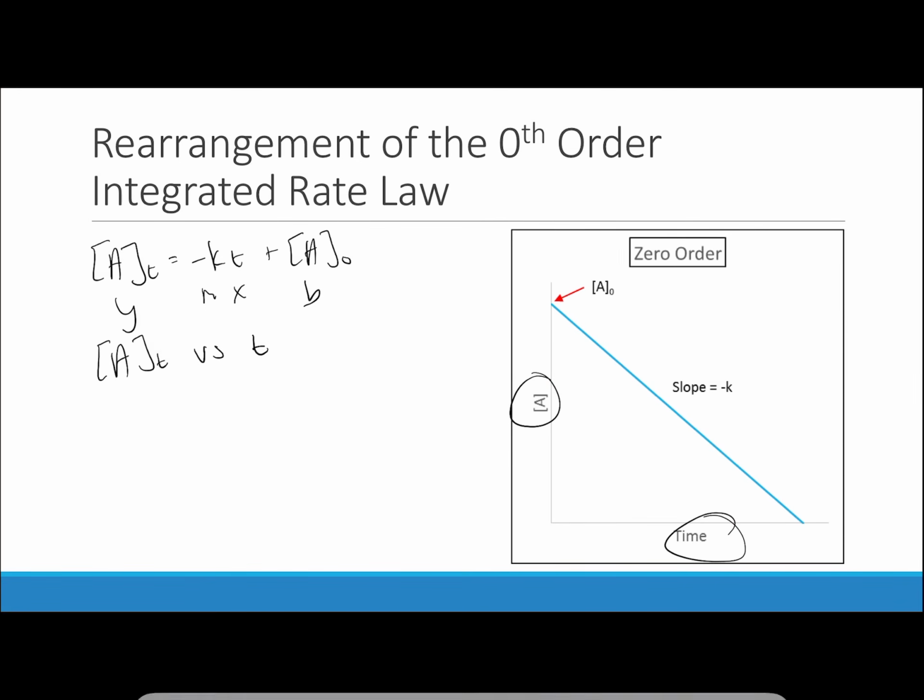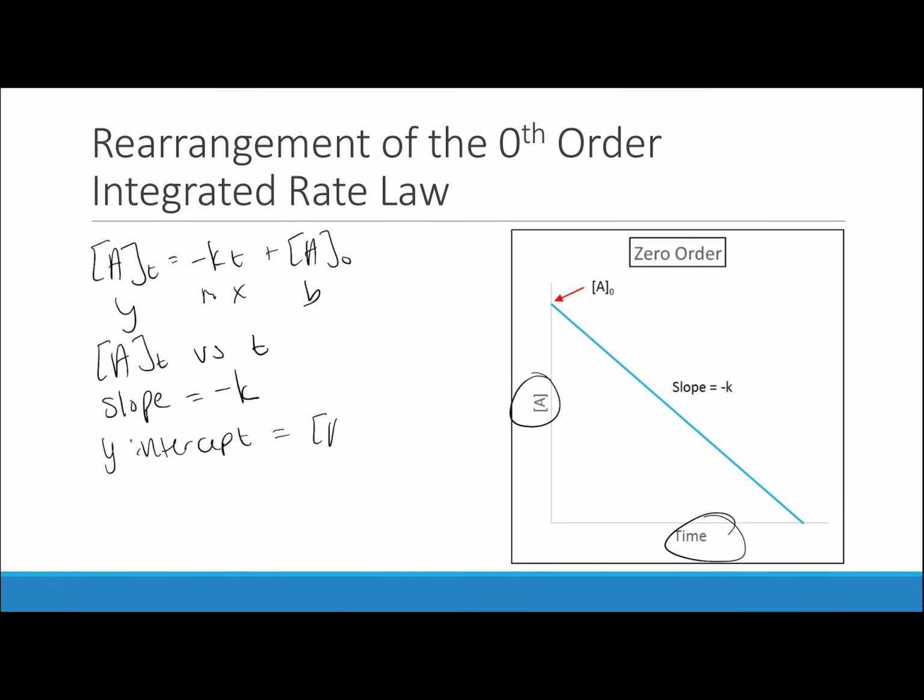When we take concentration versus time, we get a slope equal to negative k, and we get a y-intercept equal to A naught. So again, we can very easily determine what our A naught is by using our y-intercept. We can determine our rate constant using our slope. And keep in mind that if we have unmodified concentration versus time, we get a linear relationship only if we have a zero order process.